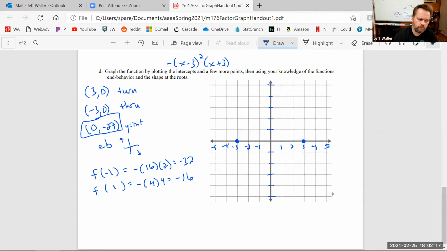Ten. 10's okay. It's a little big. I used 5, 10, 15, 20, 25. I don't know if you got this point or even that point. It's going to be off your graph, right? So I'm going to use 8 just because.